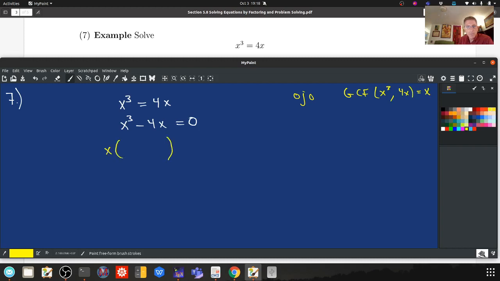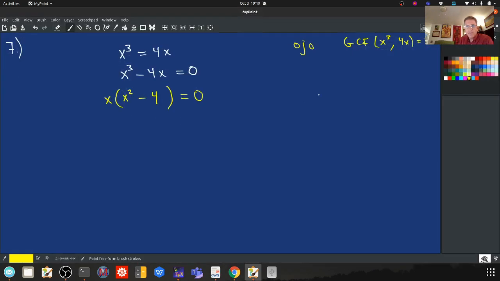So x cubed divided by x is x squared. Minus 4x divided by x is minus 4. And that's equal to 0. Wow, I'm seeing another pattern. I know that 4 is 2 squared.